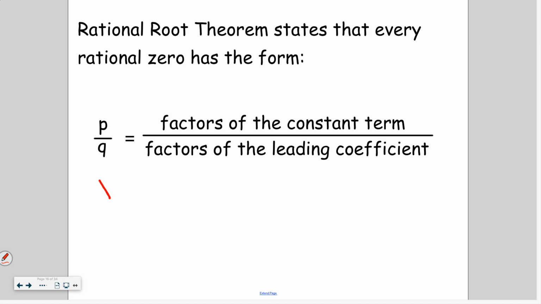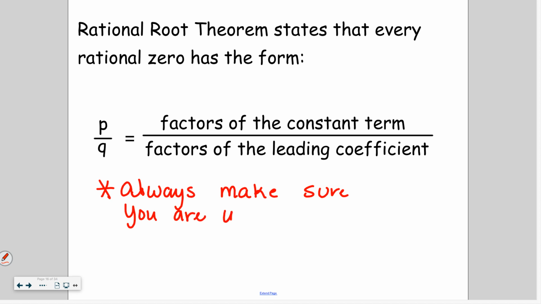In fact, put a note in your packet: always make sure you are in standard form. That's why we discussed it so much in the last unit, and you actually did it in ninth grade as well. You have to make sure it's in standard form for it to work.